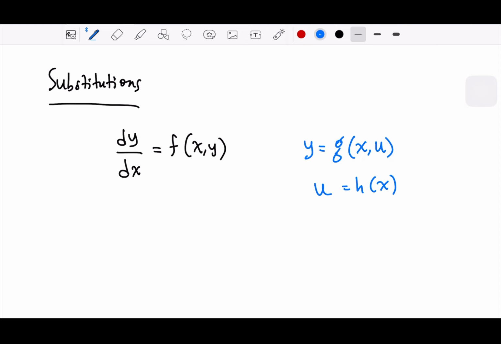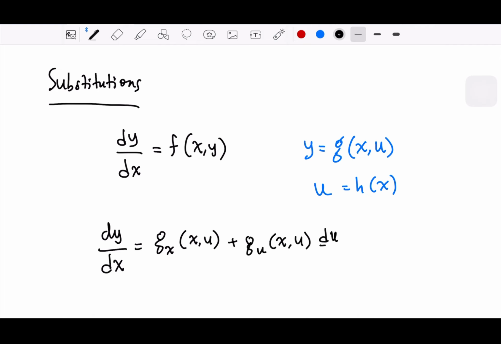So if we want to differentiate these equations with the chain rule, with partial derivatives, we are going to have this, and this will have the du dx.